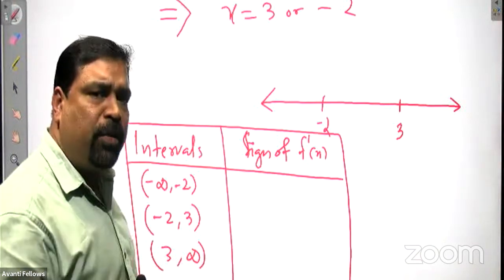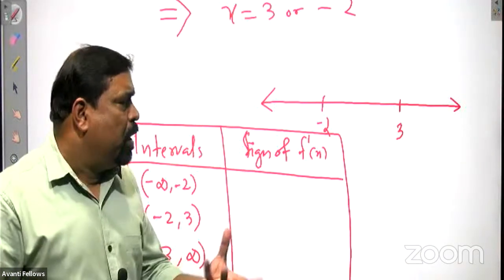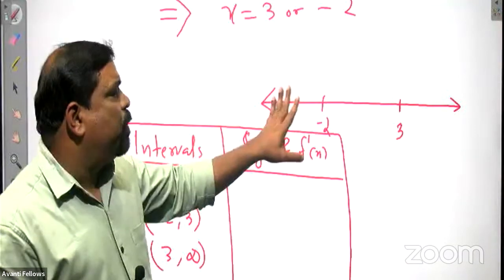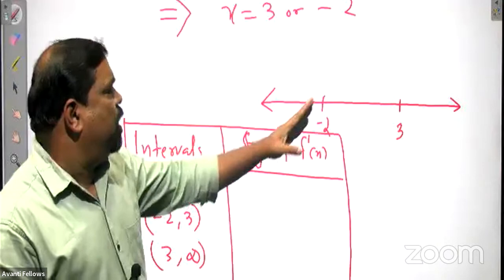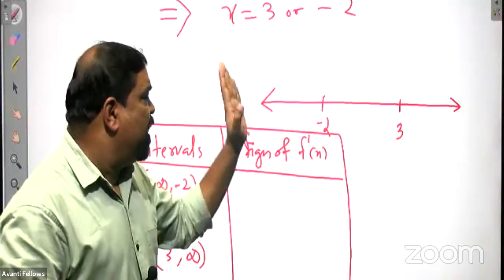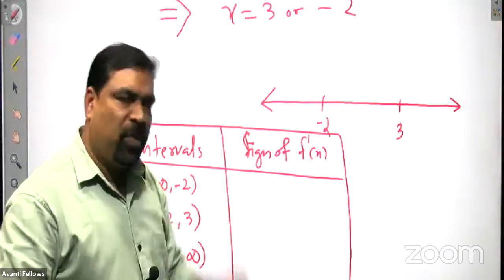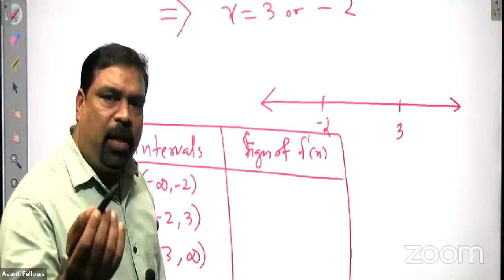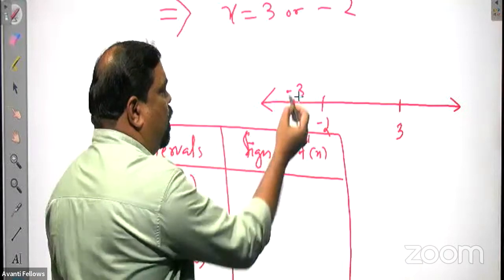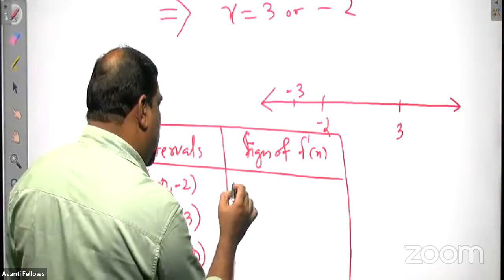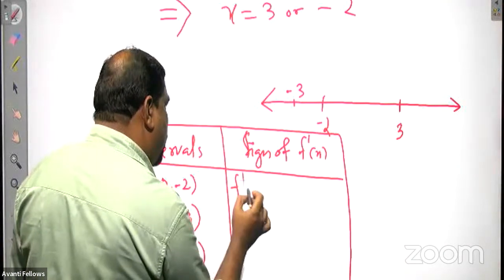For that, it is very simple: you choose any value in that particular interval. For example, for minus infinity to minus 2, I can choose minus 3, which belongs to this interval. So calculate f dash x at the point minus 3.